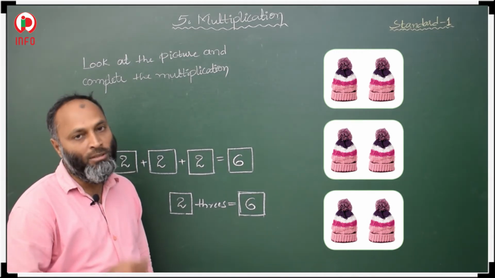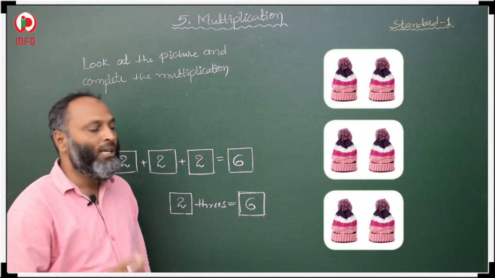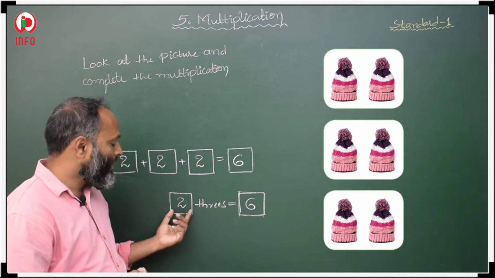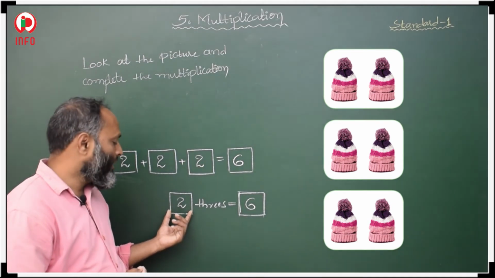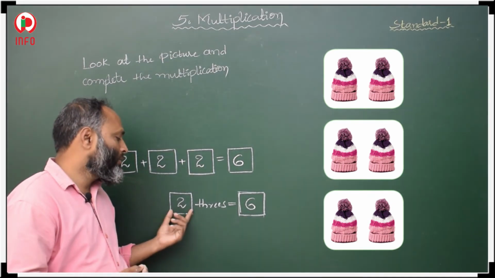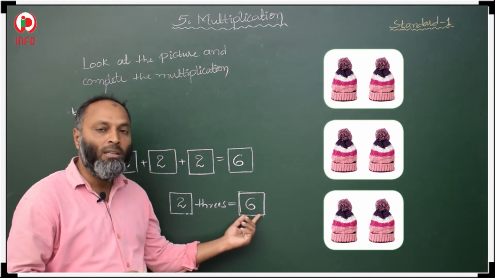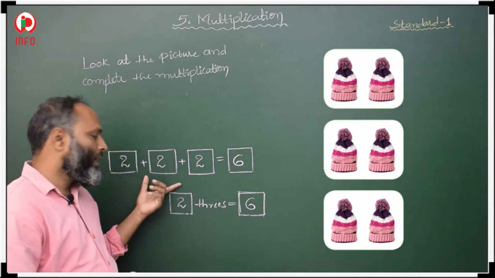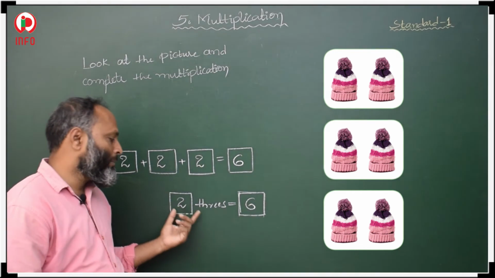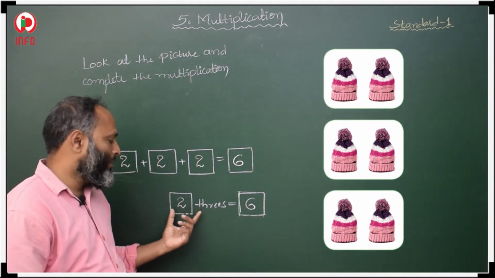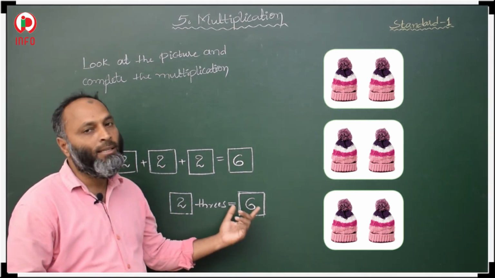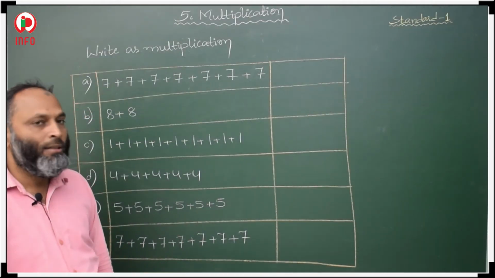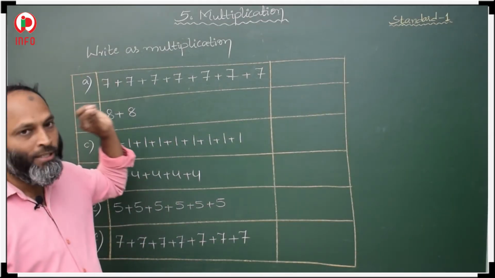You know the 2 table, no? 2 threes are 6. Then in words, how can you write? 2 threes makes 6. This is our answer. This is our repeated addition. Then in multiplication, how can we represent 2 threes? It makes 6.